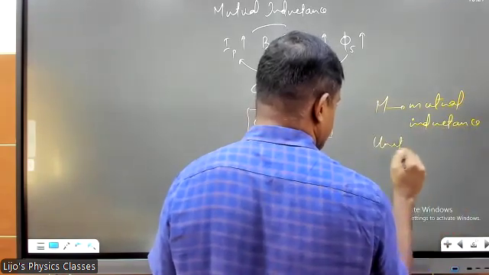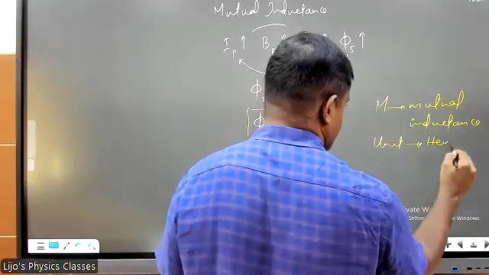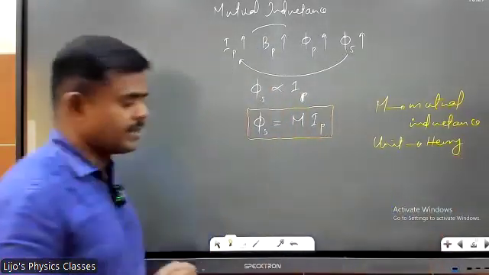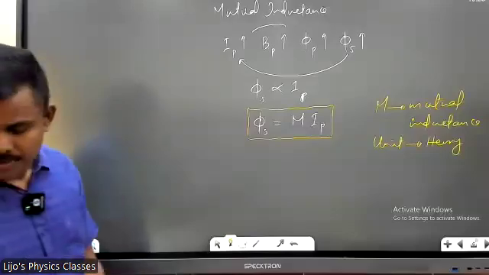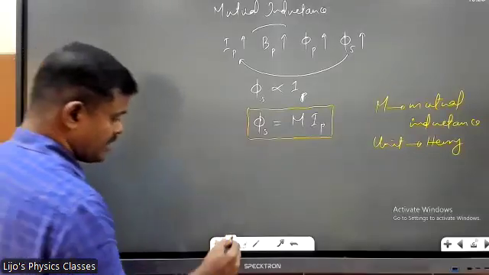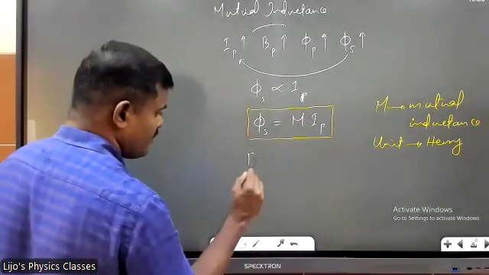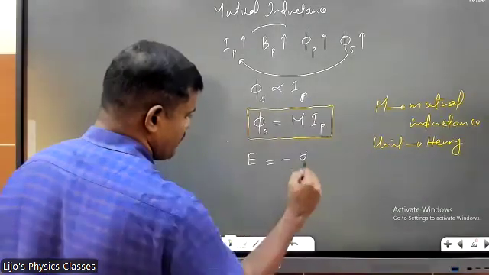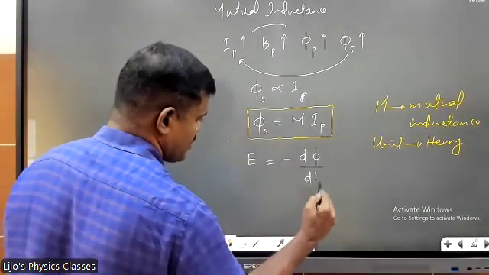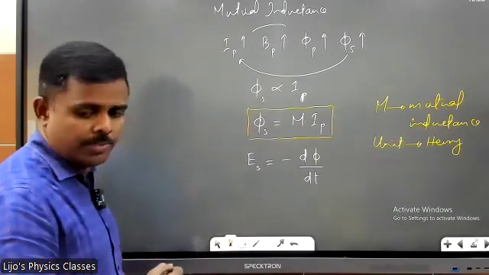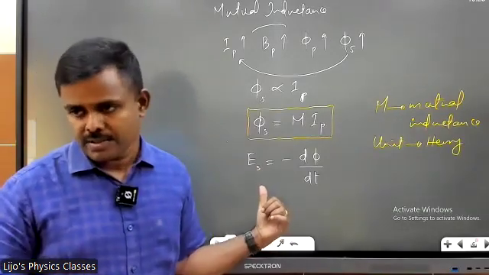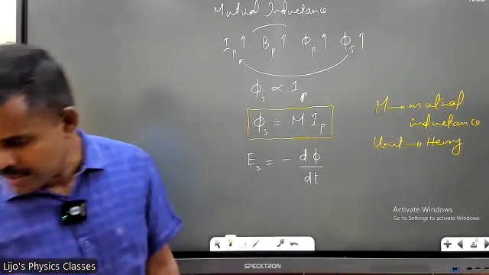Unit. The unit is Henry. Below which you can write the EMF. What is the equation for EMF? Minus d phi by dt. But since we are finding EMF in the secondary, you put S as the suffix. EMF is found in the secondary, right?